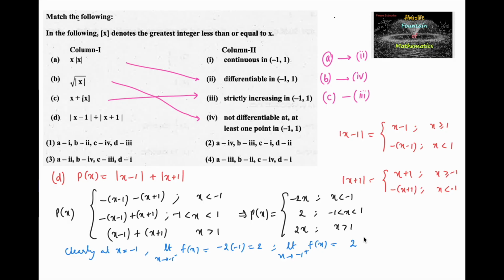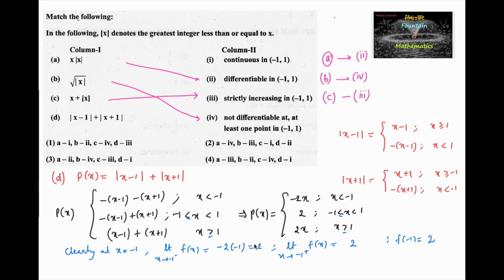Both are same, and even f of negative 1 is considered to be 2, because for minus 1 to plus 1, minus 1 is included here, or here 1 is included.